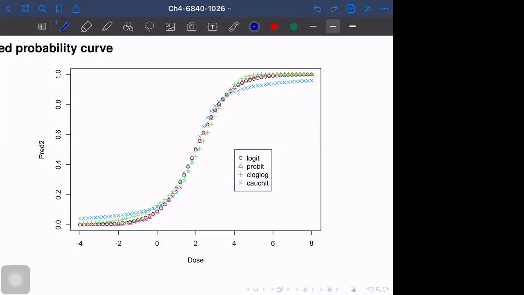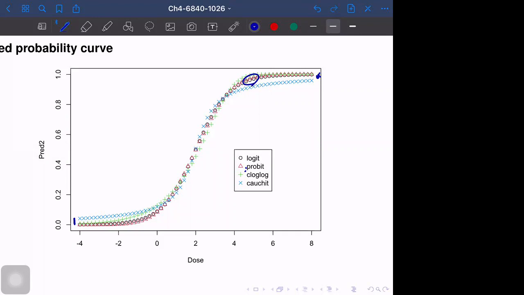And between probit and logit, the logit is still slower than probit. You can see that around here, the logit still has a smaller probability than the probit model. So in terms of the tail probability, maybe on the other side also, the probability does not approach 0 or 1 fast for the Cauchy distribution.